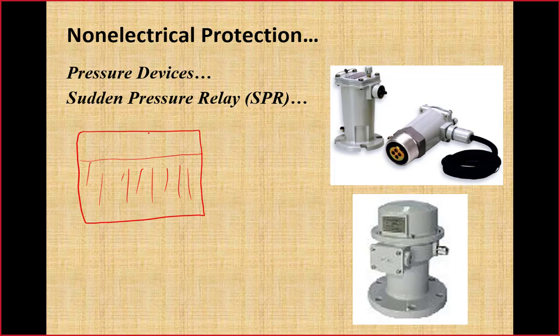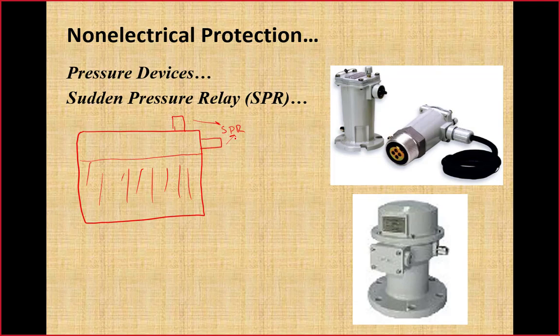So that will be high pressure nitrogen gas, or some gas which can provide good insulation as well. So here, this is a point where we have installed the SPR relay. SPR could be installed over here at the side or at the top of the transformer tank. This could be the SPR.